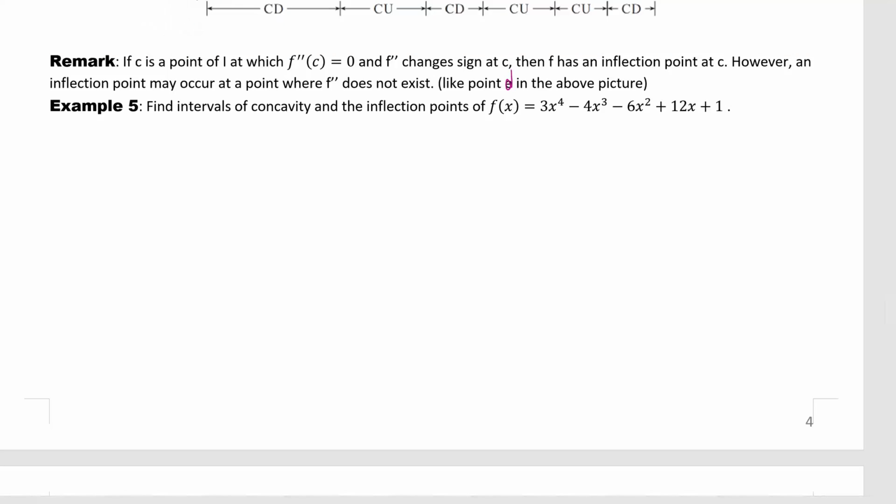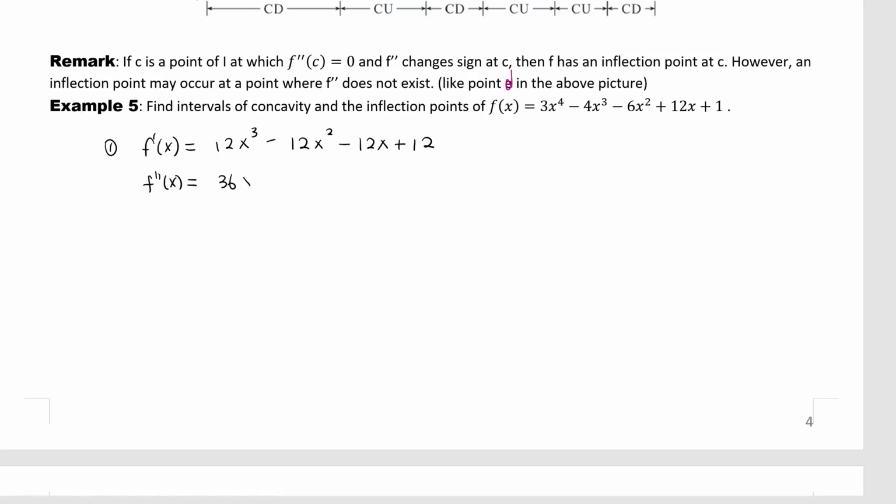Today, in this video, we're going to talk about the second derivative and concavity. Okay, so first step, in order to find the second derivative, we need to find the first derivative first. So that is 12x cubed minus 12x squared minus 12x plus 12, right?